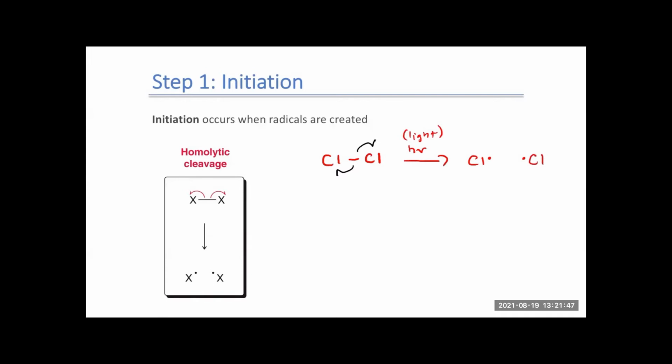This is our initiation step where we first create that radical. And it tends to be the halogens that we most often see starting initiation for radical reactions.